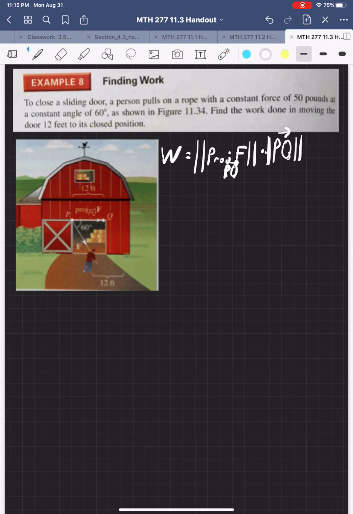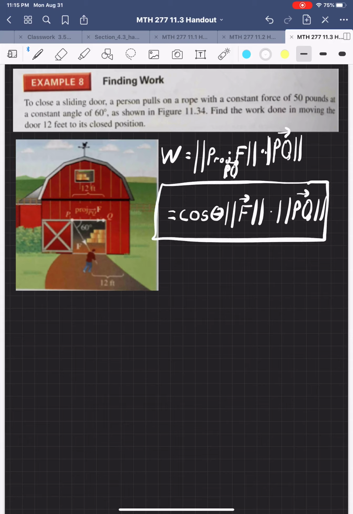And I hope that I'm not skipping too much when I jump right to it. So that's going to be the same thing as cosine of the angle times the magnitude of the force times the distance, P to Q. So this becomes our new formula.